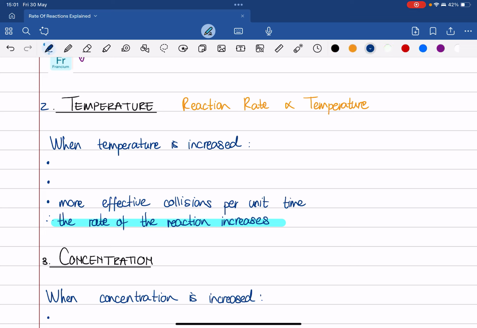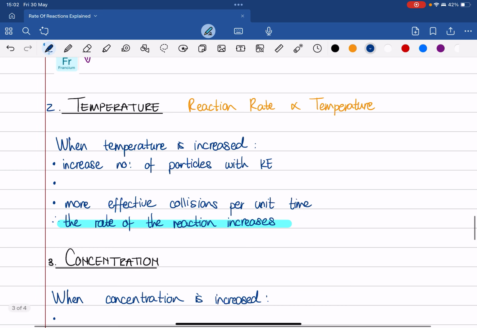This happens because when you increase the temperature, you increase the number of particles with kinetic energy greater or equals to the activation energy.